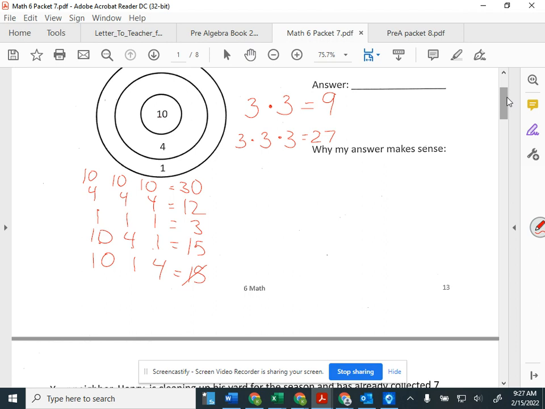So there's going to be 27 outcomes, and you need to cross off any duplicate totals. So every time you get your 30 the first time, if you see a 30 again, cross it off. So that doesn't count. You're only going to count the first time you see that point total.